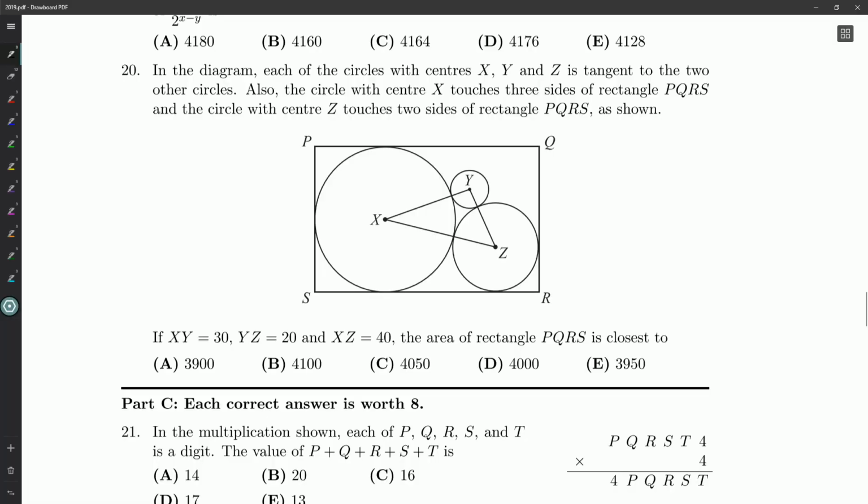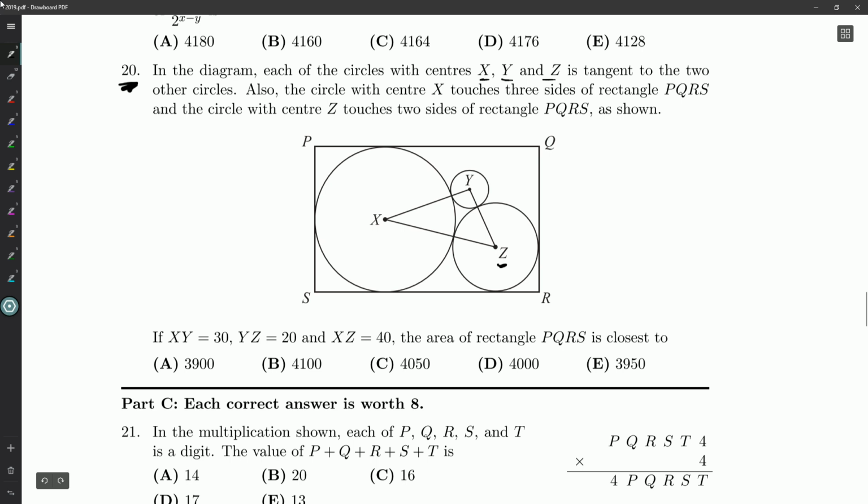We're looking now at question 20. This is the last question in part B of our 2019 Cayley contest. In the diagram, each of the circles with centers X, Y, and Z is tangent to the two other circles. Also, the circle with center X touches three sides of the rectangle PQRS, and the circle with center Z touches two sides of the rectangle.